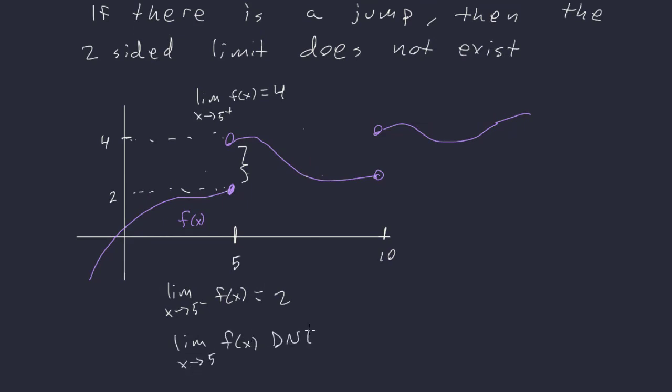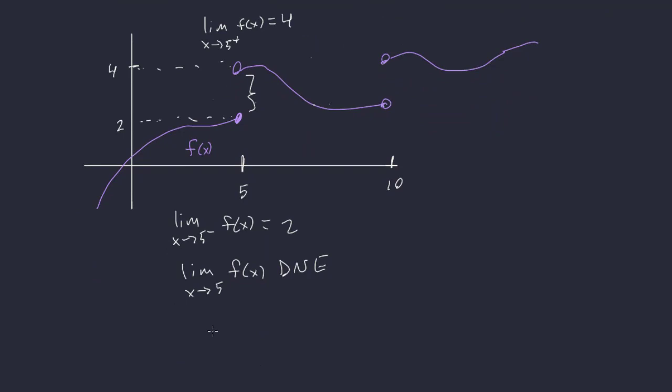Here though, the actual f of 5 does exist because we have a closed point here. So when we plug 5 into f, we just get 2. However, over here, f of 10 is undefined, because there's no closed dot anywhere.